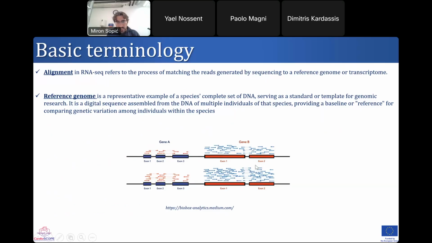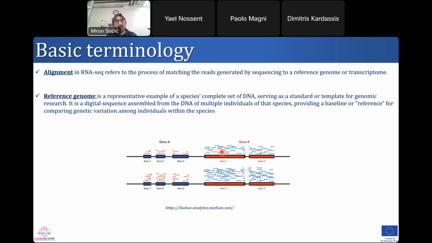As you can see on this figure, this is the pointer, during the sequencing you get a lot of reads, and these reads are parts of specific genes, and then you need to align these sequences to your genome, so you know that these reads are coming from this transcript or that transcript.